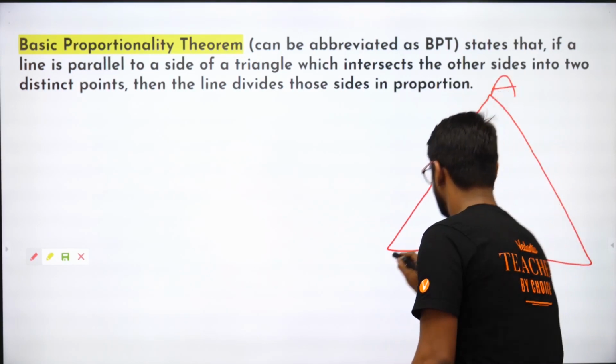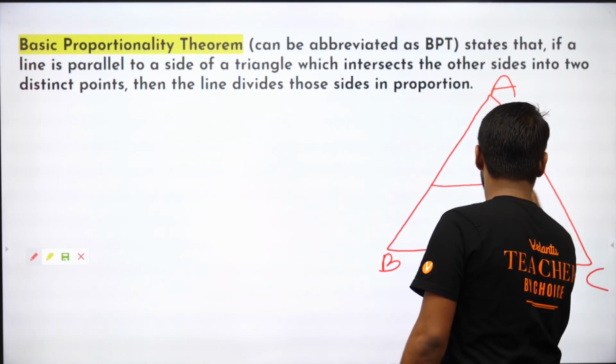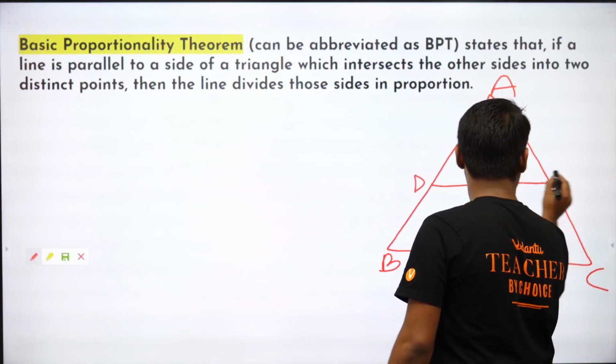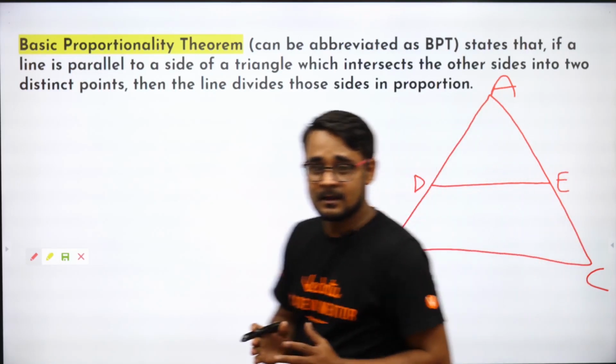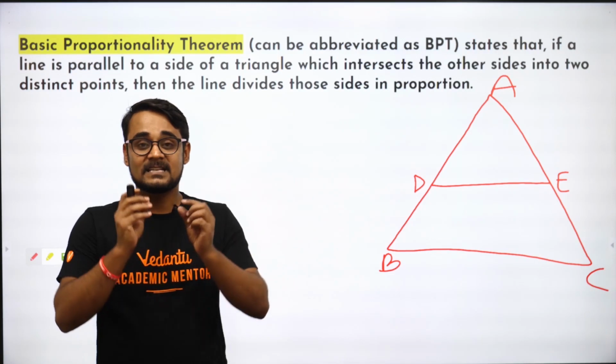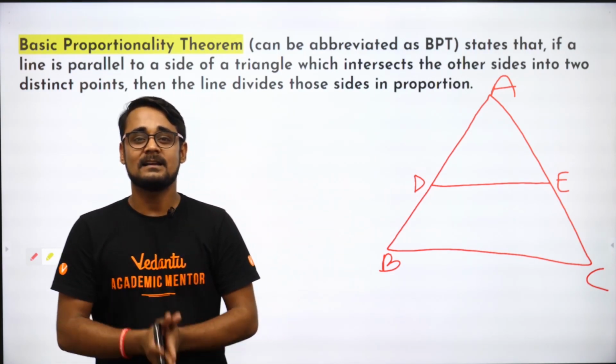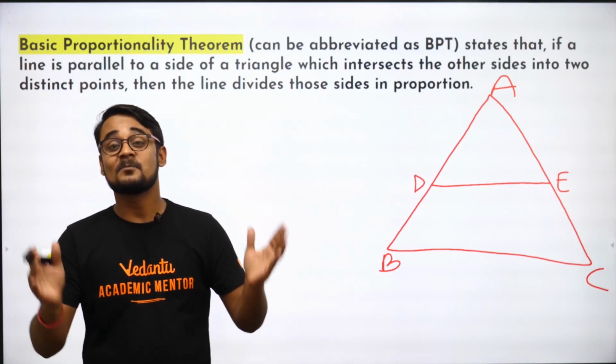Let's name it A, B, C, and DE, that is parallel to base BC. Then what will happen? This DE, that is parallel to base BC, will divide the sides of the triangle in equal ratio or in proportion.